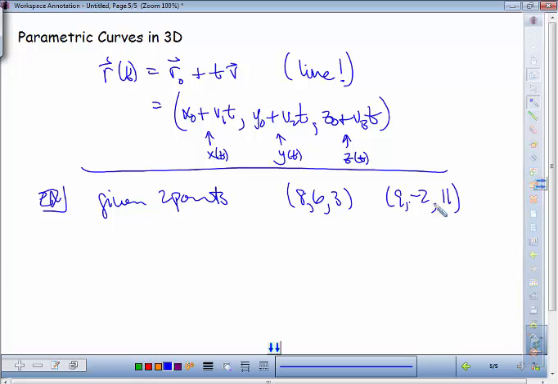All right, we have 2 points in space. I want to find a line containing these 2 points. Would you know how to do that?